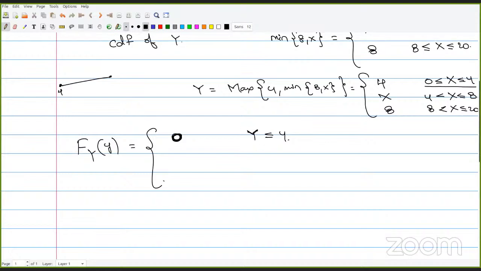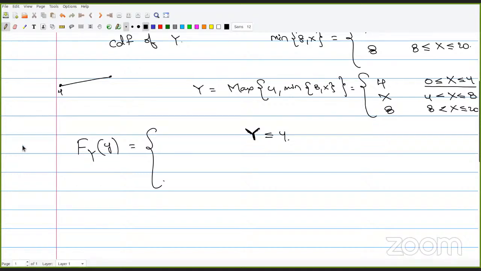The probability y is equal to 4 is when x is between 0 and 4, then it is 4 by 20, because y is dependent on x.